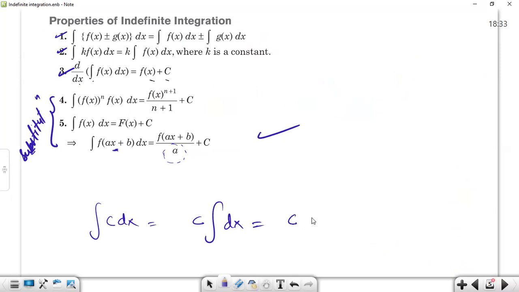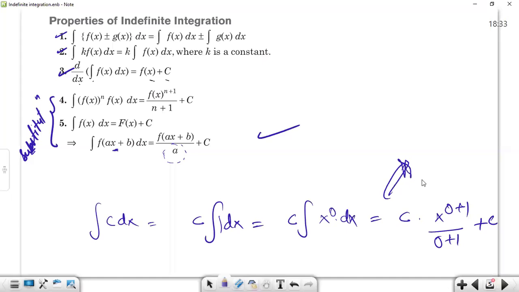So basically, if there is one dx, we can write one here. So one can be represented as x raised to power 0, and then c into x raised to power 0 plus 1 upon 0 plus 1 plus c, right? So this will become, let's write the constant differently because we already have seen the calculation, c into x plus c dash, right? C dash is the constant of integration. C was already there. Is this clear? Yes, sir.